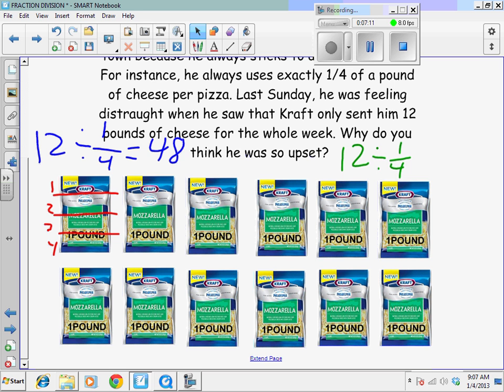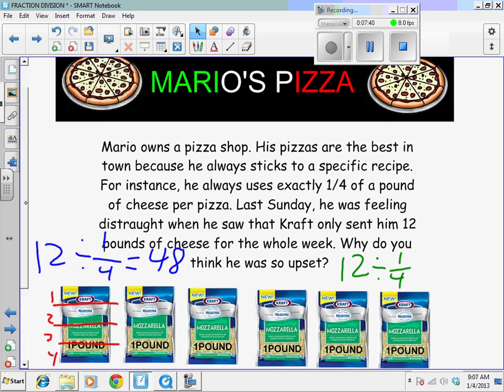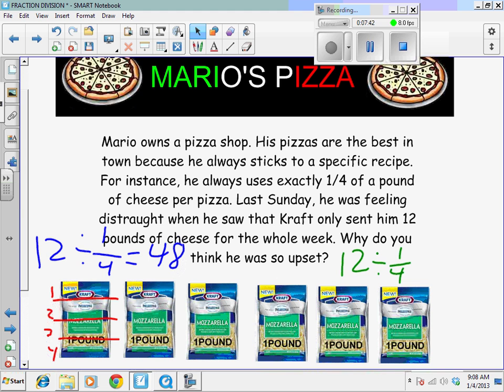Well, you took 12 and you divided it into quarter pounds, didn't you? You took 12 pounds and sliced it up, or bagged it up, into quarter pounds. Is that correct? Do you have more than 12 pounds of cheese? No. How many pizzas can Mario make with this 12 pounds? 48, right? He can make 48 pizzas. Why is he so upset? Huh? Why is he so upset?